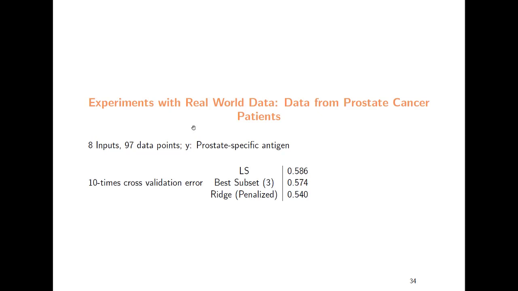If you do least squares, you get an error of 0.58. If you do a selection for the best subset of inputs, removing some of the inputs which are useless, and you end up with 3 inputs, not 8, then the performance gets slightly better if you do a good job.